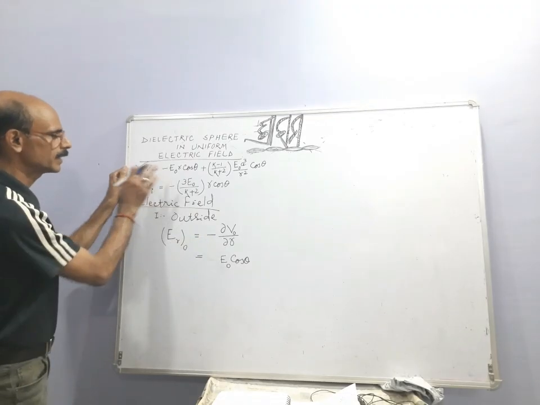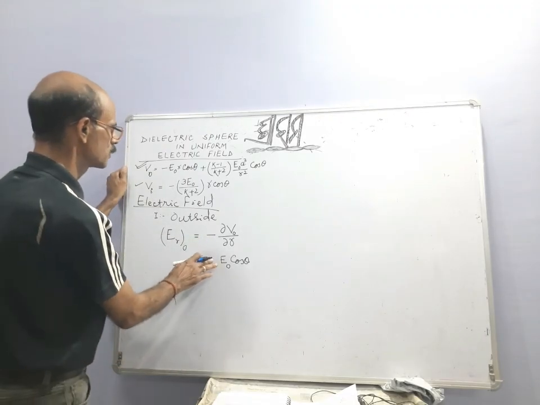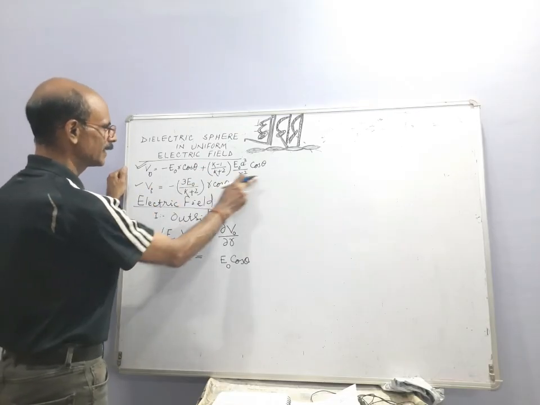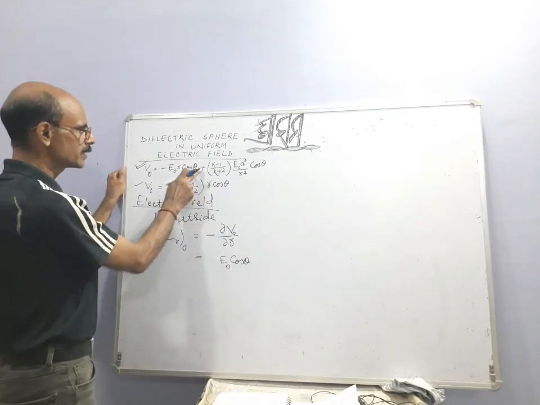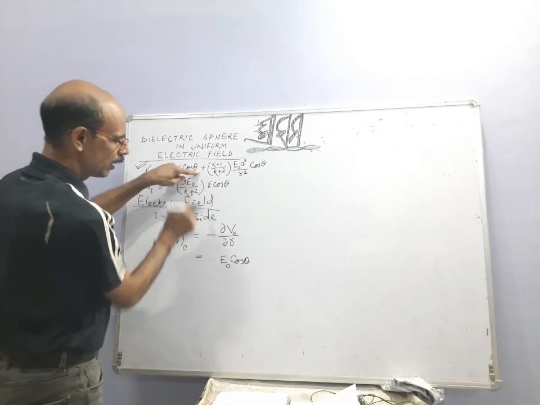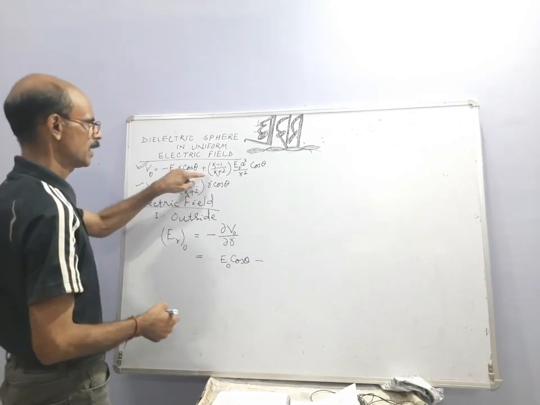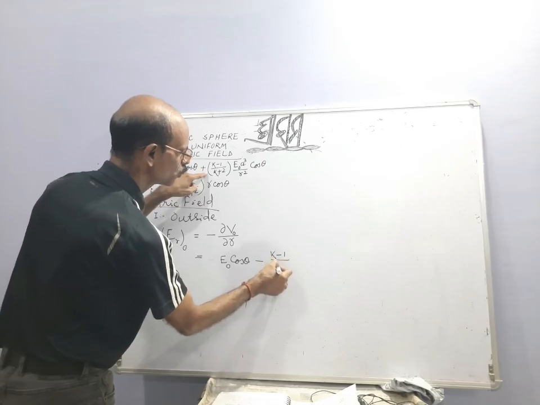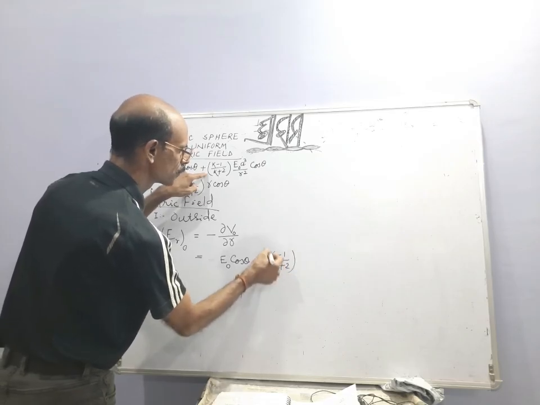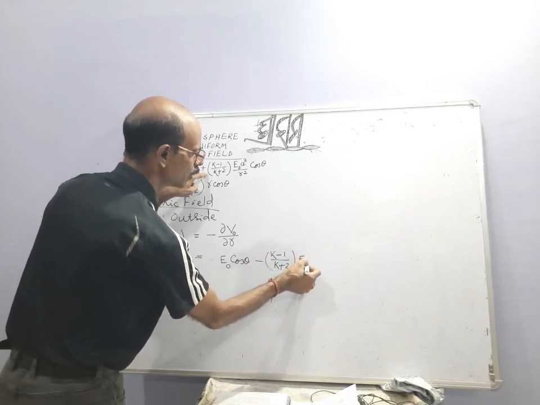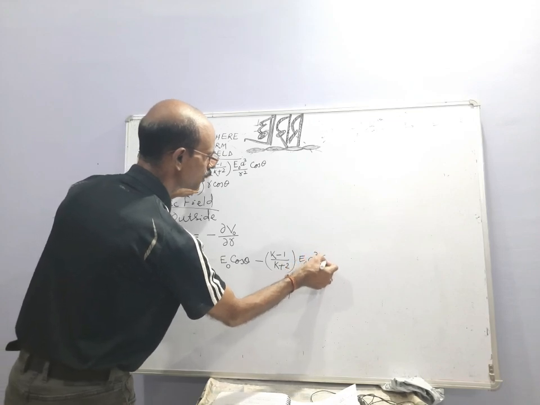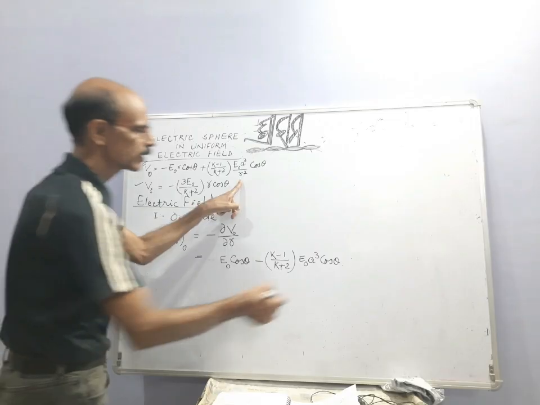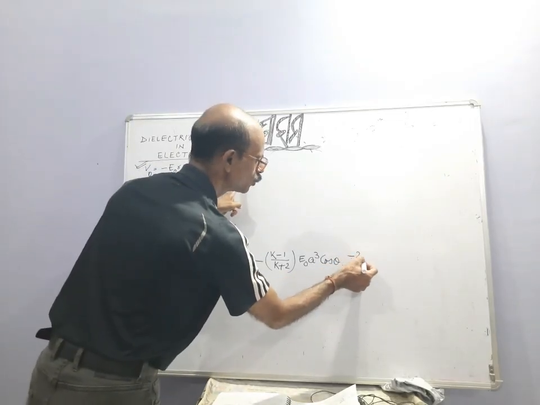This minus and this minus becomes plus. Then for the second term, this minus and plus minus, and this is constant, (k minus 1) by (k plus 2) E0 a cube cos theta. Then the derivative of 1 by r square is minus 2 by r cube.